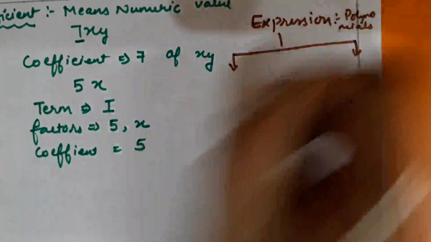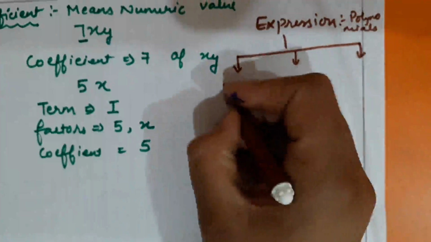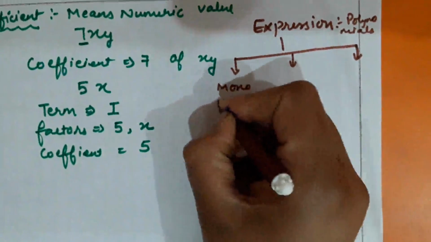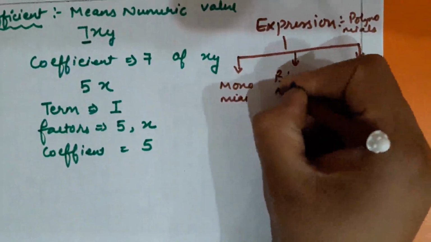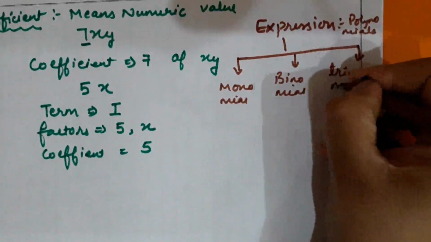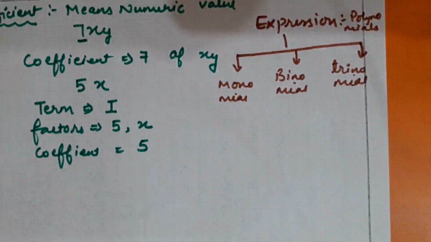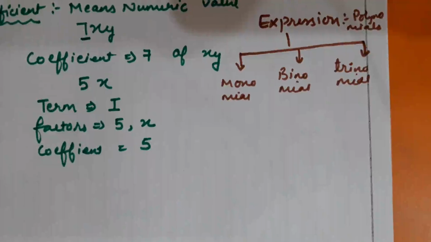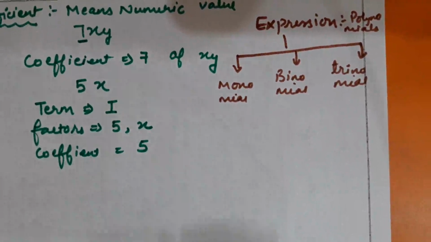Polynomials having 3 types: first is monomial, second is binomial, and third is trinomial. Expression can say that polynomial. Now polynomial having 3 types: monomial, binomial and trinomial.